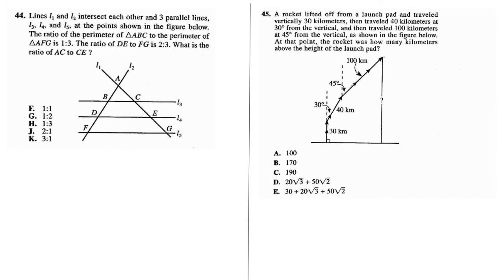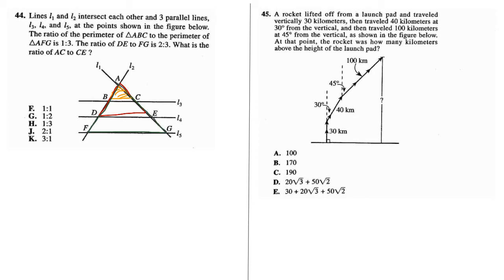Okay, number 44 is a kind of a tricky problem. The key to this is to realize we have these similar triangles. This triangle here is going to be similar to this triangle here. And then that in turn will be similar to this triangle down here. So we do have all those similar triangles going on.